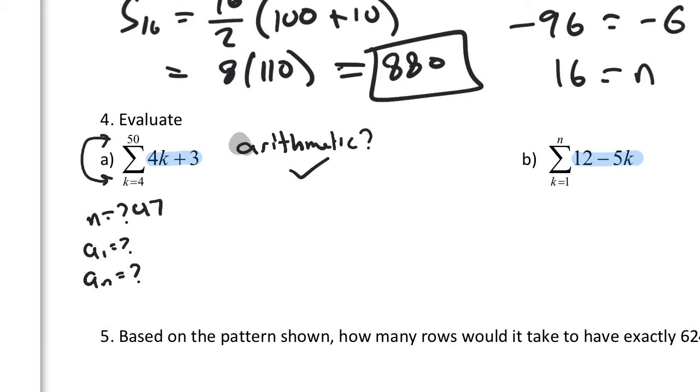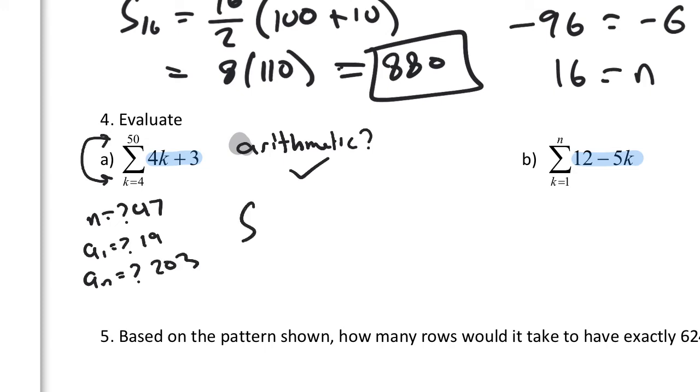My first term is what I get when I plug in 4. So I do 16 plus 3, so that's 19. And my last term would be plugging in 50. So that would be 200 plus 3, which is 203.